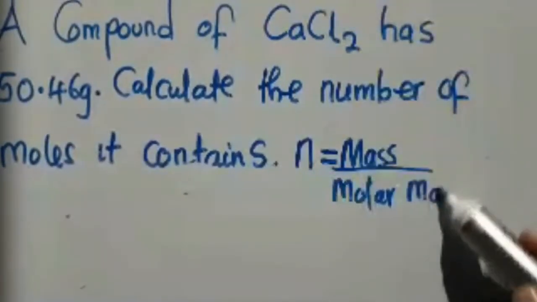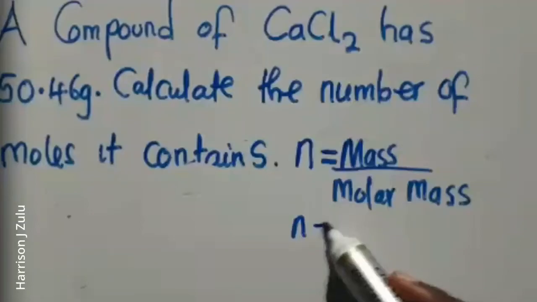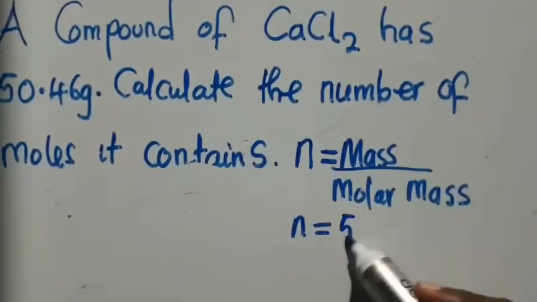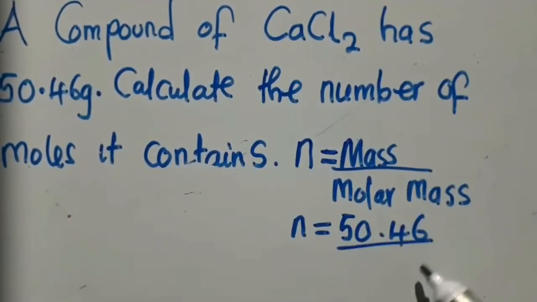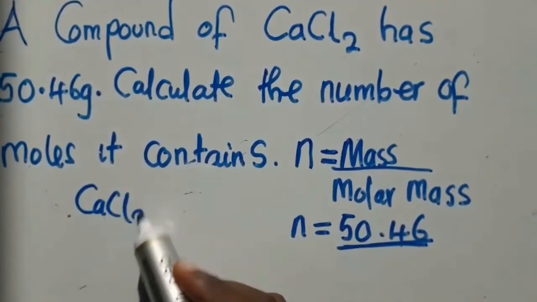Mass over molar mass. So now, what is our mass? Our mass is 50.46, over, what is the molar mass? You now get a compound. You are dealing with what? Calcium chloride.